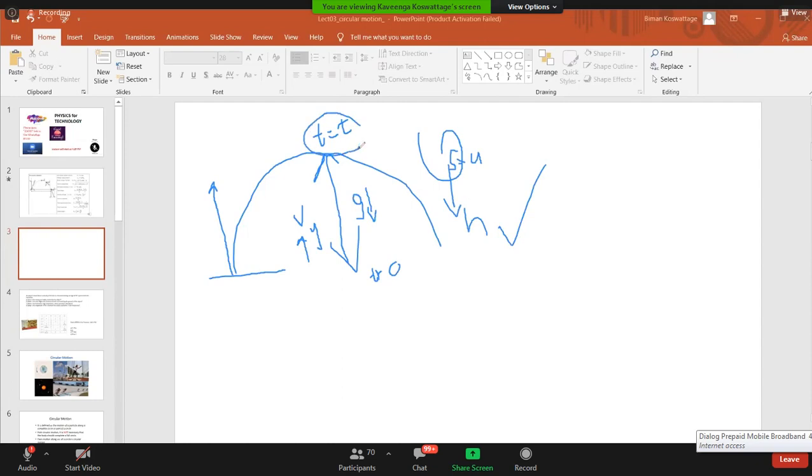Once you know this t, and the total time is t equal to t, let's say this is the total time, right? Once you know the total time, you can find this particular length. This is r, right? So you can find r.